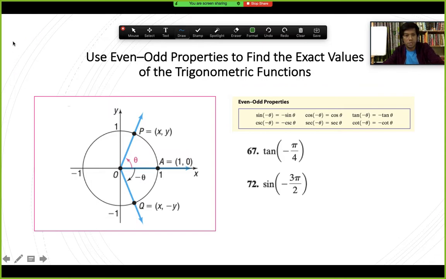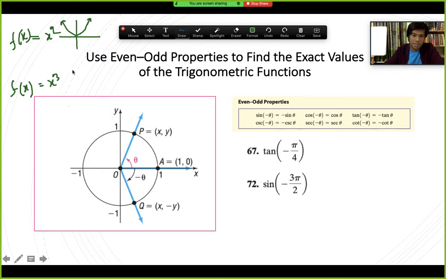This is actually an equation, I can write it as a function also. Let me write it in terms of function. Suppose f of x equals x square, and then f of x equals x cube, is it an even function or an odd function? Let's refresh it. Actually x square is an even function, powers 2, 4, 6 give us an even function, and the graph of an even function is something like this, because it is symmetric with respect to the y-axis.